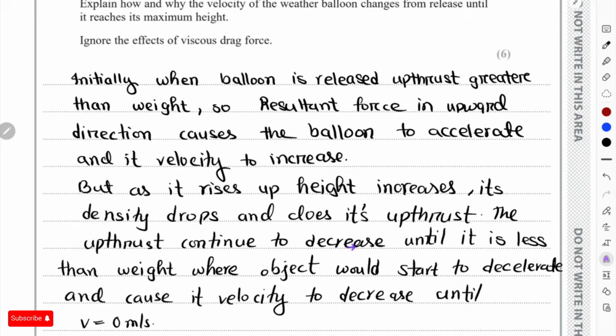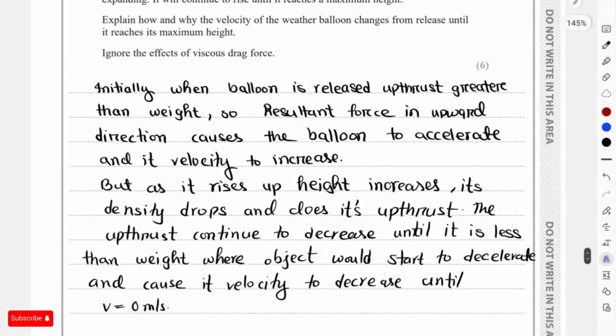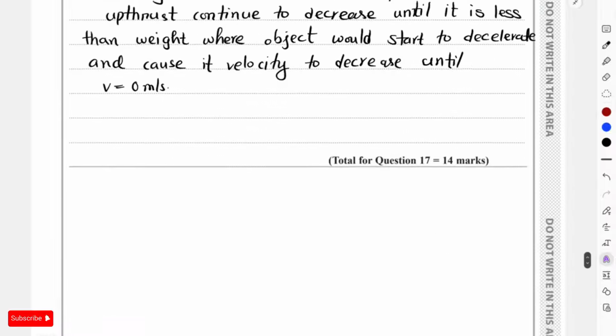So the upthrust will continue to decrease until it becomes less than the weight, where the object will start decelerating because now it has a resultant force in the downward direction. Because of the deceleration, its velocity will continue to decrease until it becomes zero. And this is the position where the balloon will reach its maximum height and come to rest. So I hope question 17C was clear. We'll move on to question 18.